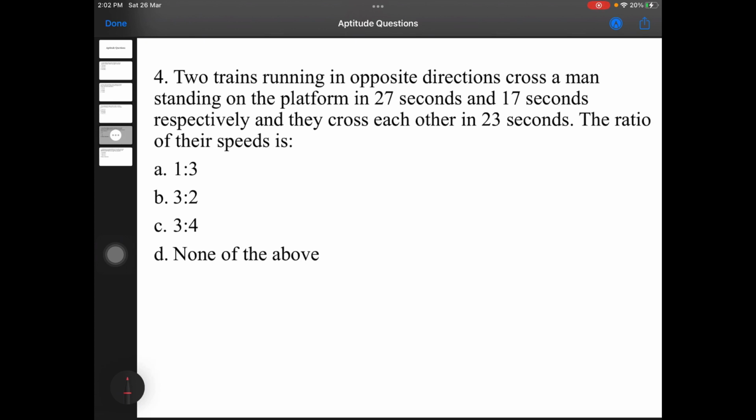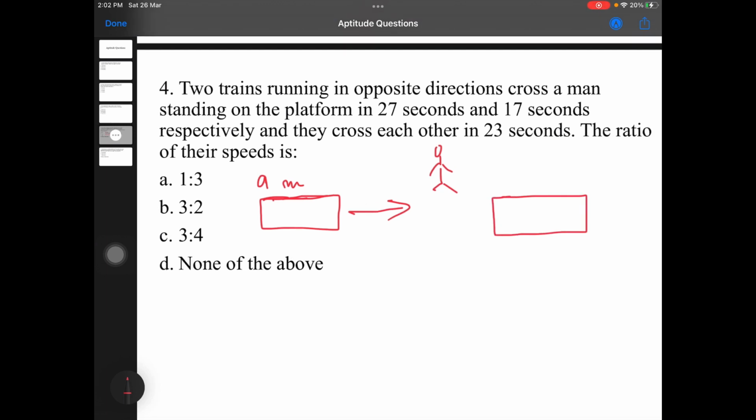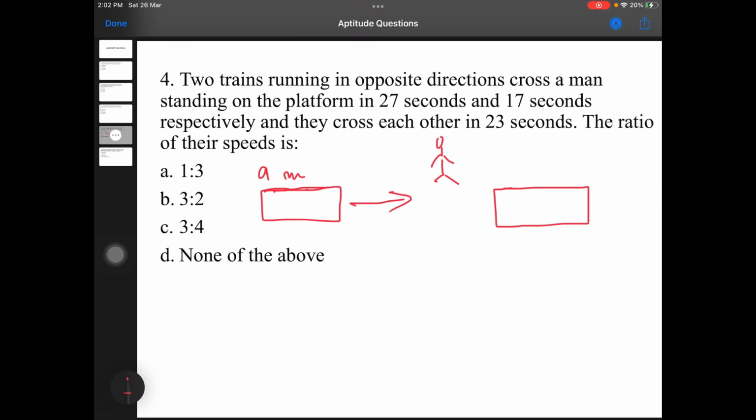Suppose this is the first train, the length of this first train is a meter, and this train moves in this direction, and here the man is standing on the platform, and then there is another train, the length of this train is b meter, and this train moves in this direction.